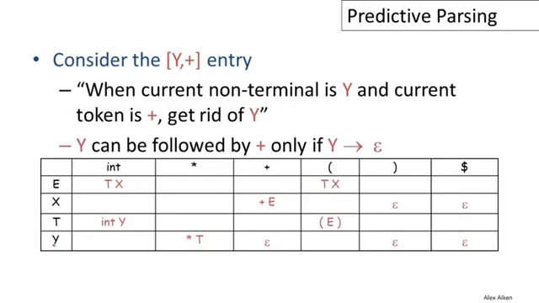When the current non-terminal is Y and the current input is plus, then we should use the production Y goes to epsilon. Okay, what that says is, it's a little bit different situation than the previous one. It says, look, when you see a plus in the input and your current leftmost non-terminal is Y, the only way this parse is going to succeed is if the Y doesn't produce anything. You need to get rid of the Y and move on to another non-terminal, whichever one is leftmost after you get rid of the Y, if you want to have any hope of parsing this particular string.